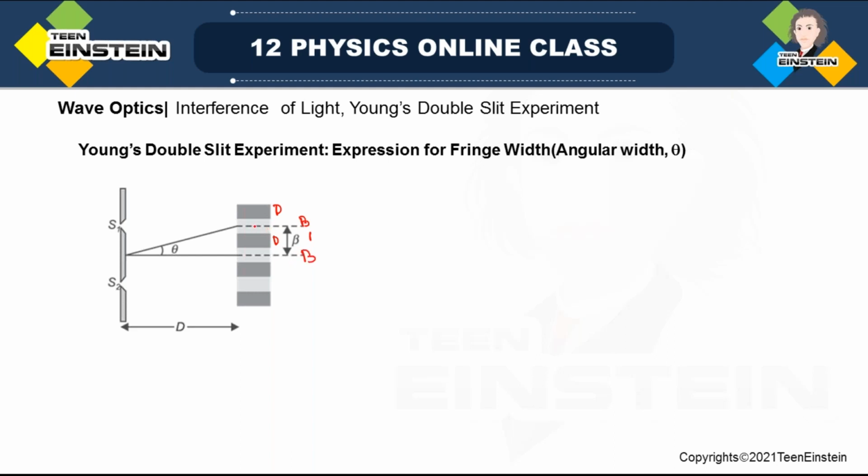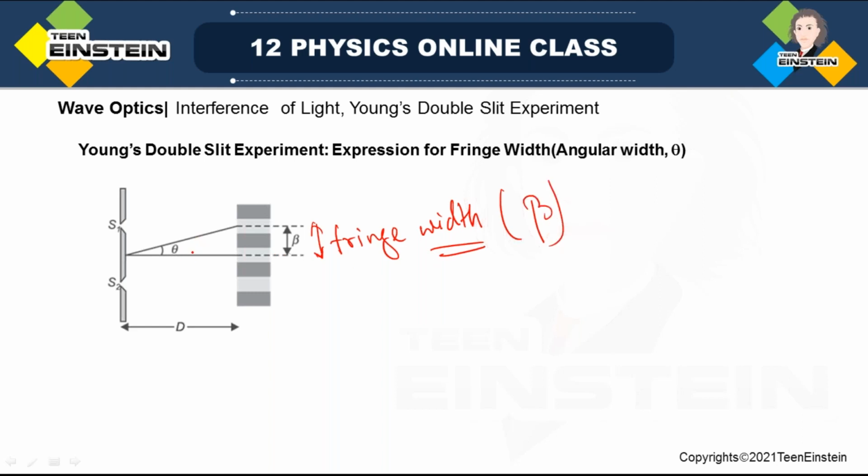So look, the distance between two consecutive bright fringes has been shown here. Look, this distance is called fringe width, and it is denoted by beta. And in fact, this is called lateral fringe width.